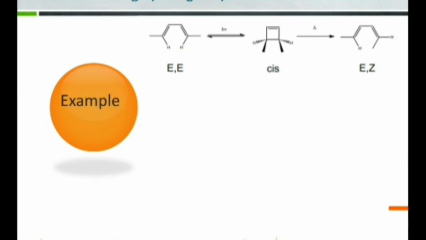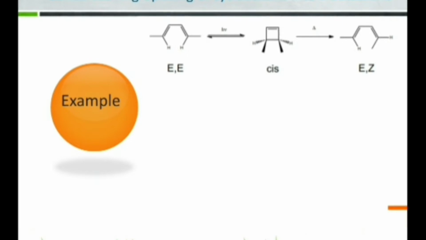Here the opening of cyclobutene is happening into butadiene, and you are getting two different products. If you keenly observe the reaction arrow, on one side it is h nu, which represents the absorption of radiation, and you get a stereospecific product with EE configuration.